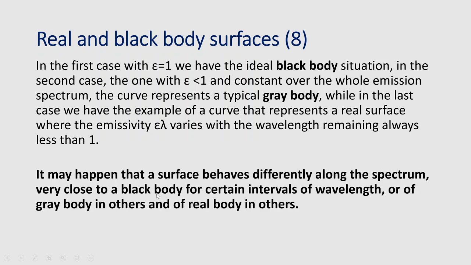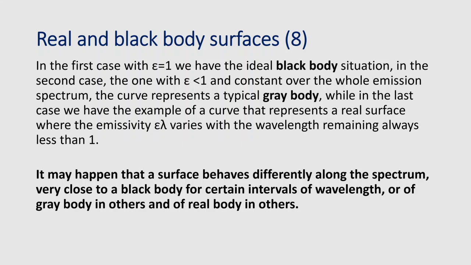It may happen, and this is written in bold, so it's very important, that a surface behaves differently along the spectrum: very close to a black body for certain intervals of wavelengths, or like a gray body in others, and like a real body in others.